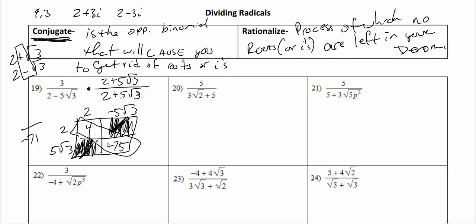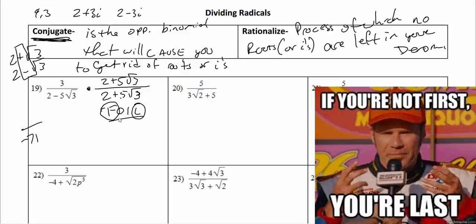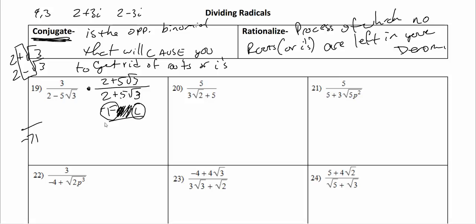For those of you that are foiling, please pay attention now. If you are foiling this, and you do first, outer, inner, last, the only ones that matter are the first and the last. If you're not first, you're last, like Ricky Bobby would say. The middle terms here don't matter. That's the two boxes that I showed you that crossed off.